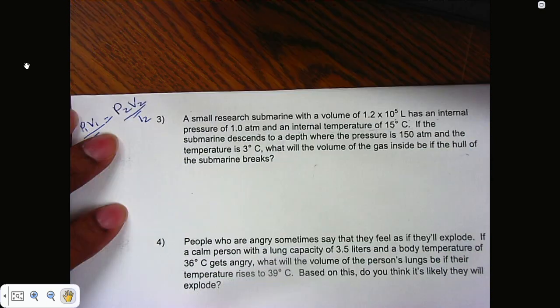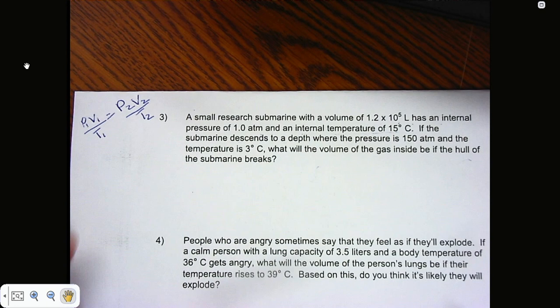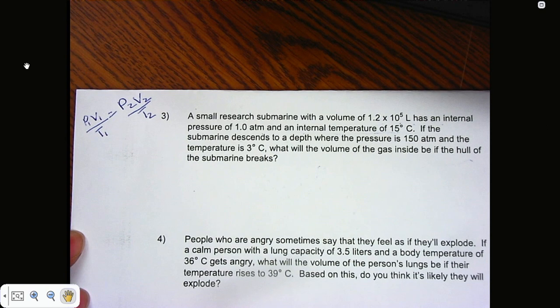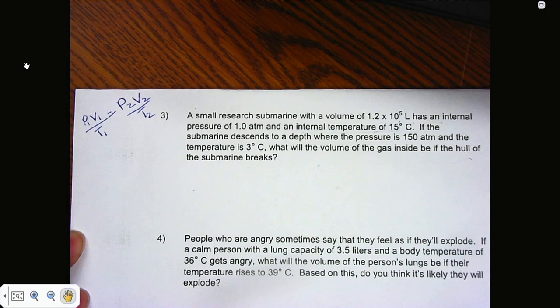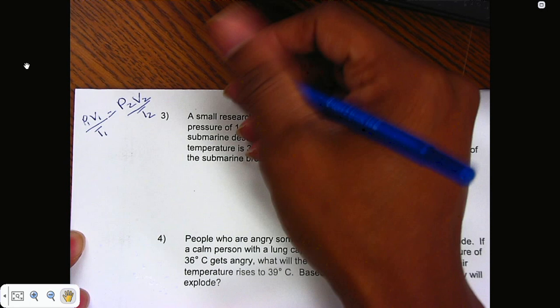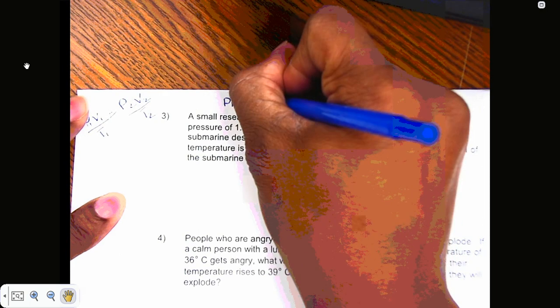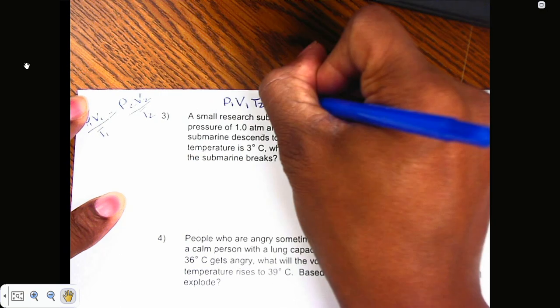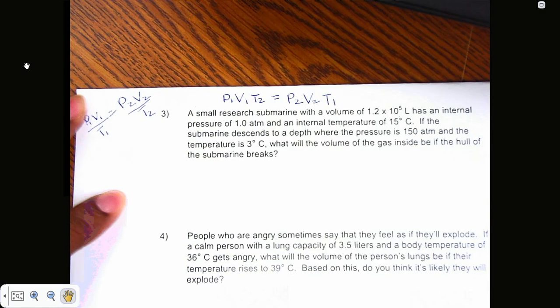Now, to simplify, I tend to put my variables found in the denominator in the numerator. So let me go about rearranging that equation to represent that. Rewritten, the product of P1 V1 T2 is equal to P2 V2 T1.